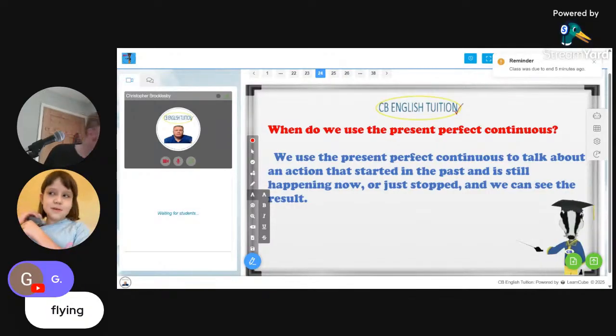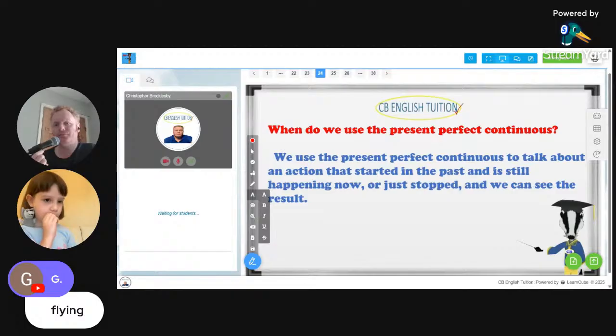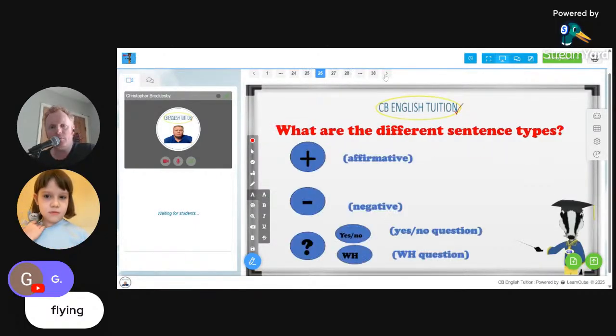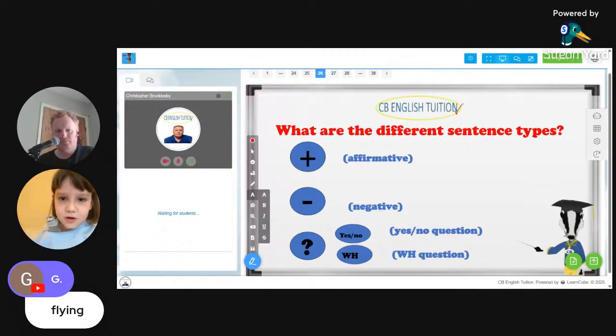We use this tense when we want to talk about something in the past and what is not already happening now. Yeah, good. And then we talked about the different sentence types, which are affirmative, negative, and yes/no questions. Yes. Okay.